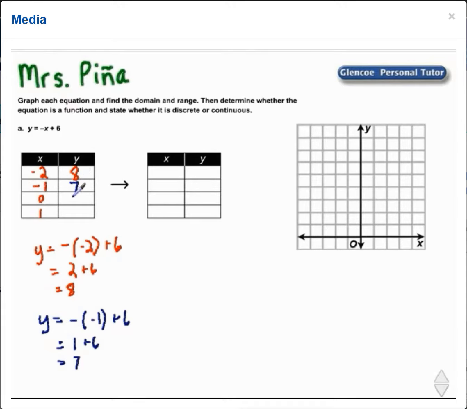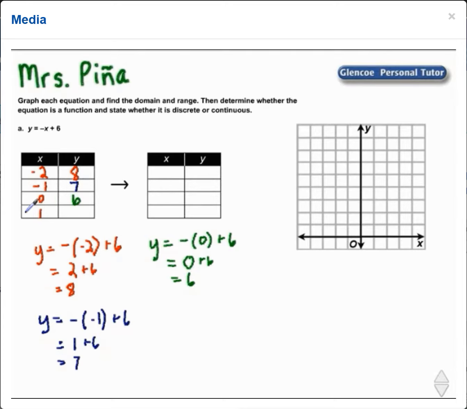Now I'm going to put in 0. Y equals negative from my equation. If you want to put it in parentheses, no problem. We copy the plus 6. You don't have to, but if you get in that habit, it's not a bad one. The opposite of 0 is still 0. Plus 6 gives you 6.